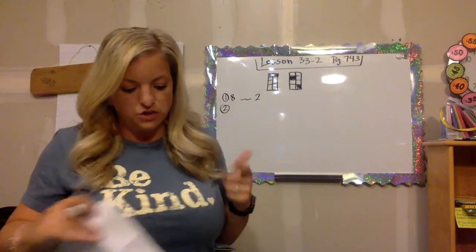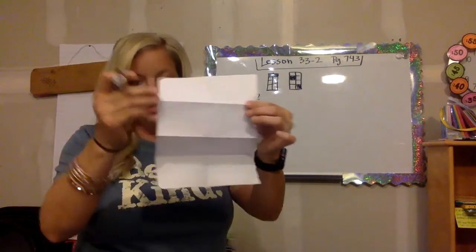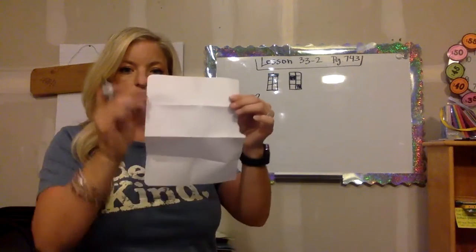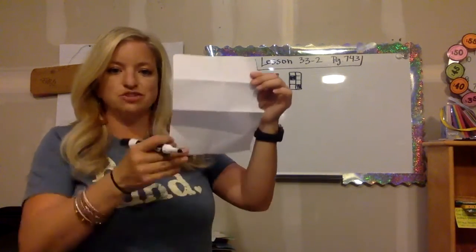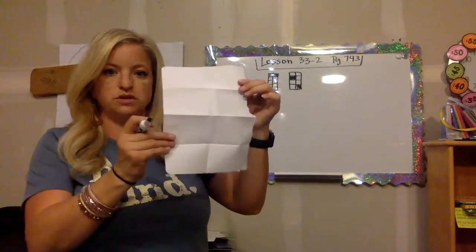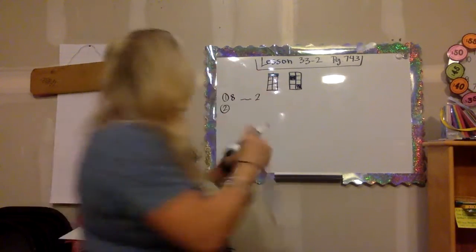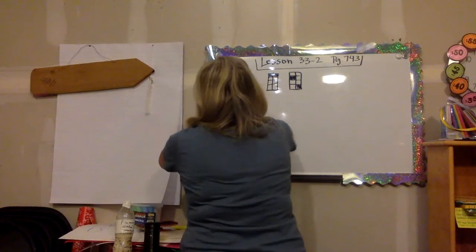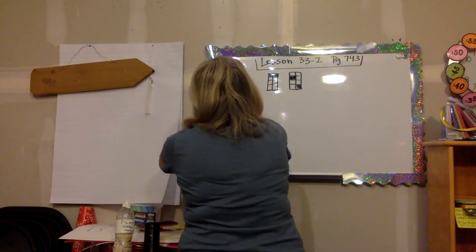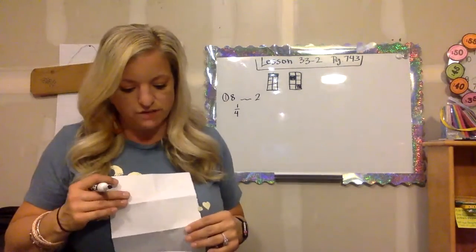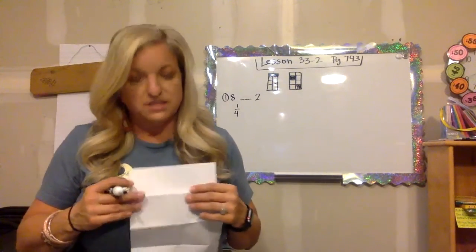Suppose Brett colors 1 row. What fraction of the paper does he color? Well, if you look just in the rows, I have 1, 2, 3, 4. He colors in 1/4. Now it says, what fraction of the paper is not colored?